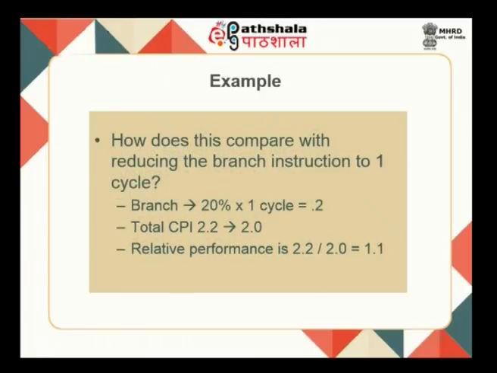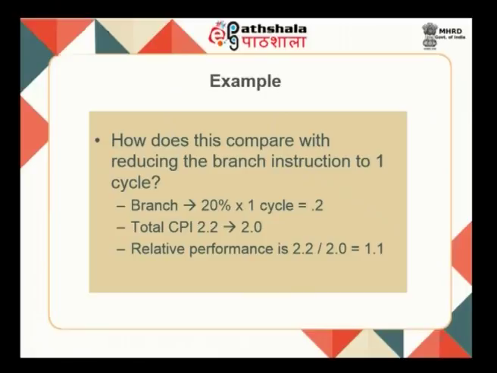Now, how does this compare with reducing the branch instruction to 1 cycle? Branch instructions form 20% of your workload, and you have reduced their time to 1 cycle now. So, the relative time is 0.2 here.